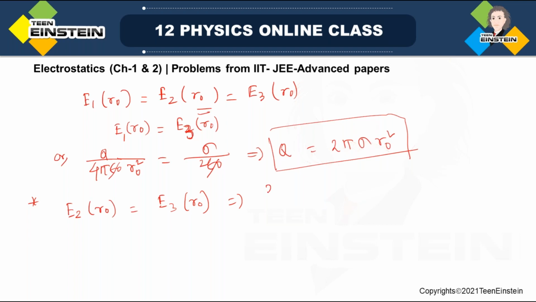I can write this as 2 lambda by 4 pi epsilon naught r naught, and here E3 is sigma by 2 epsilon 0, there is no change at all. So from here we have to find out what is R0. Let us calculate this R0. I'll take this here in place of sigma, and the rest of the things I'll just bring here.